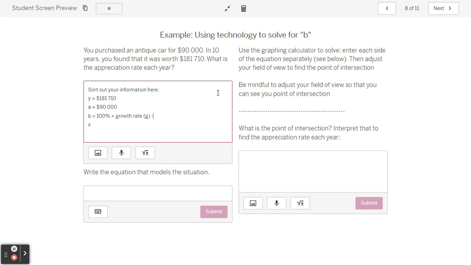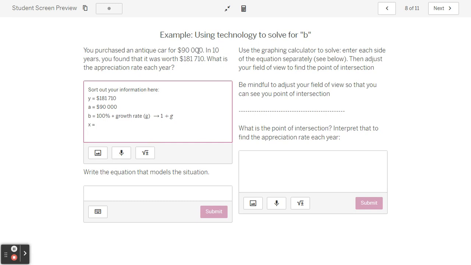Now, as a decimal, I would have 100 divided by 100, that's 1, and whatever our growth rate is as a percent is going to be divided by 100 as well for the letter G. Finally, we have X, and we know that this is years.